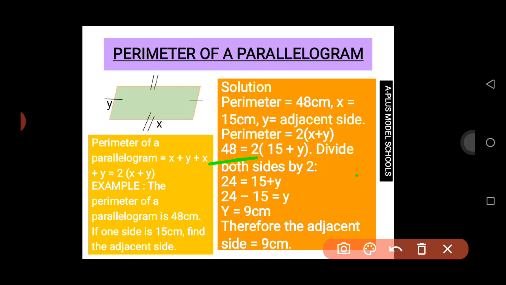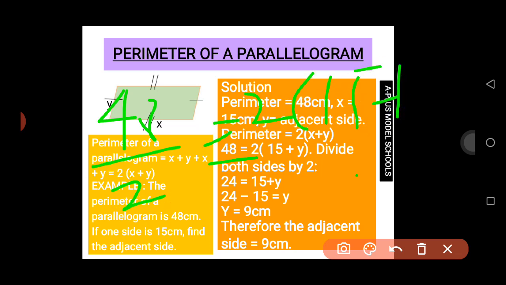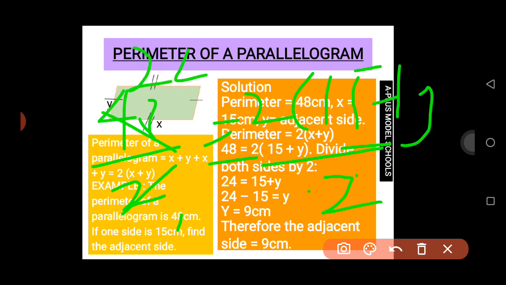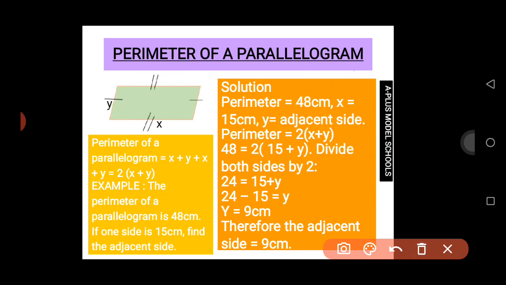Then 48 over 2 is equal to 2 open bracket 15 plus y all over 2. The 2 cancels the 2. So when you look at it very well, I have 24 is equal to 15 plus y.